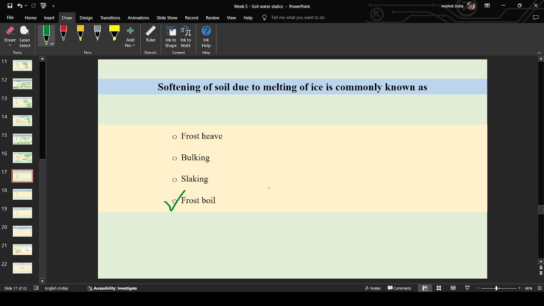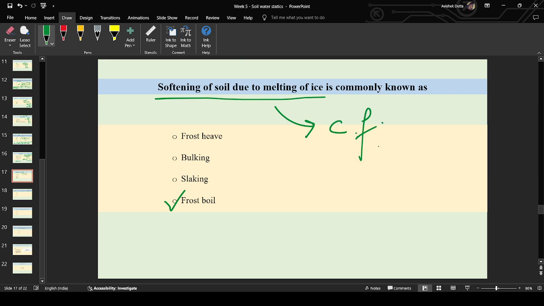First, what happens when the water freezes? There is frost heave. And when the water melts, the consistency increases. Consistency means the ease of deformation. That is called frost boil, and I am talking about the portion where there is capillary action, the capillary fringe.